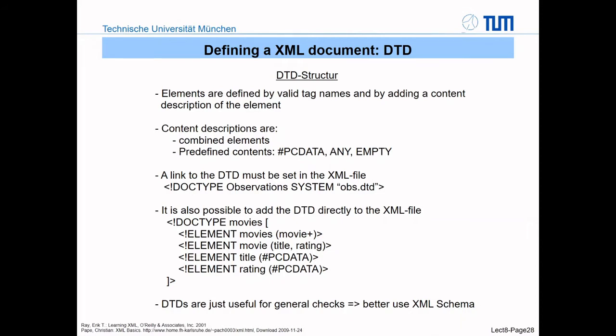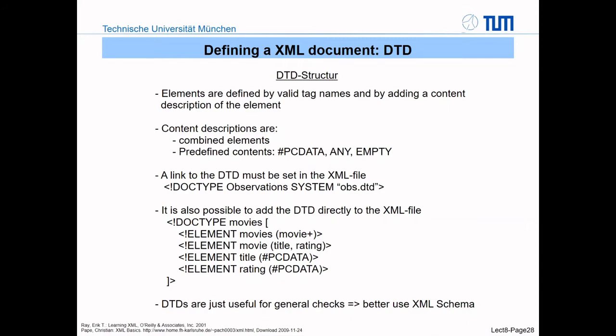A link to the DTD must be set in the XML file, so it points to a URL, or it points to a local file, which is also transferred if a browser opens the XML, for example, or another tool opens the XML file. So an additional line says that there is a doctype called observations with a system which is obs.dtd.